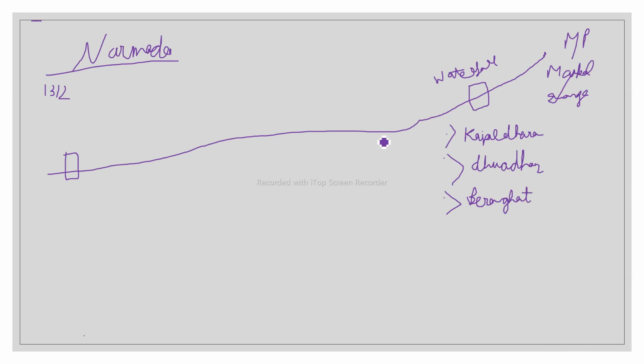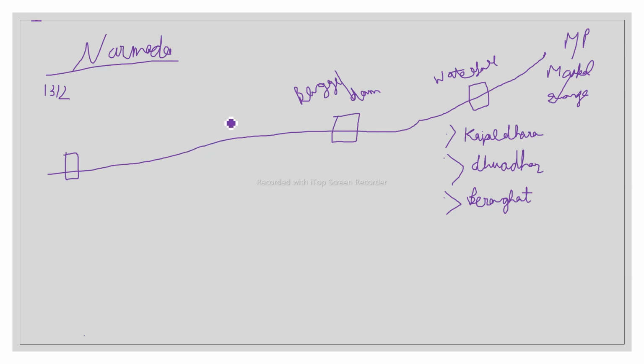Okay, then let us move towards a dam. There is a dam here. Okay, this is called Baghi Dam or Rani Durgamati Dam. Okay, then Rani Kartibai is also the name.